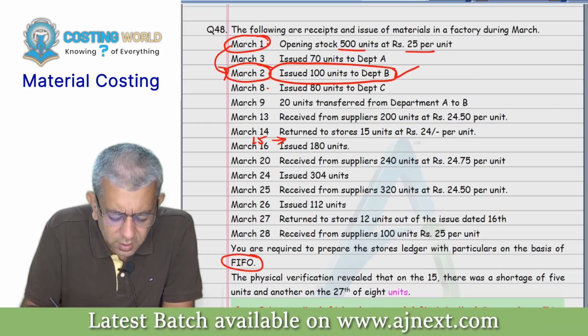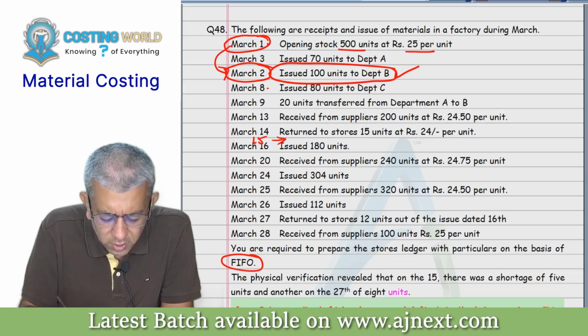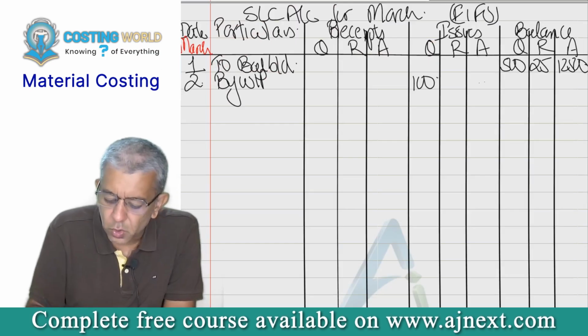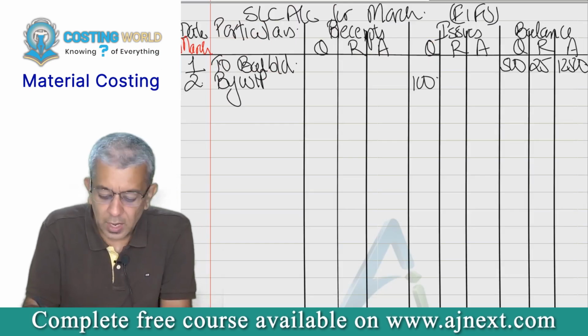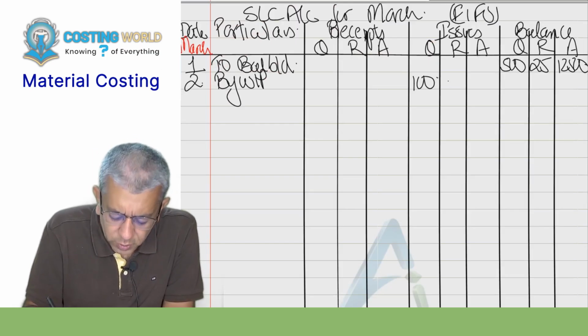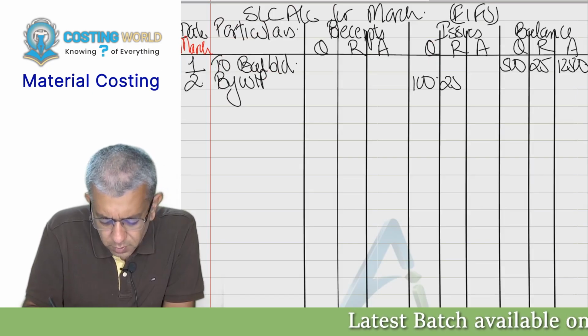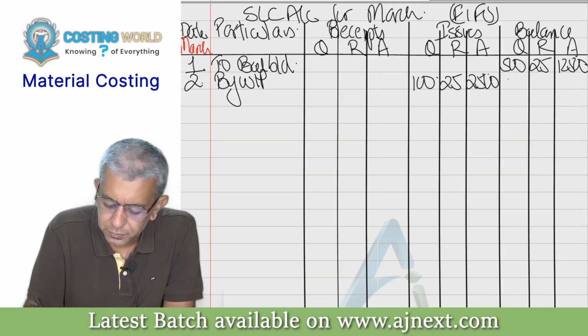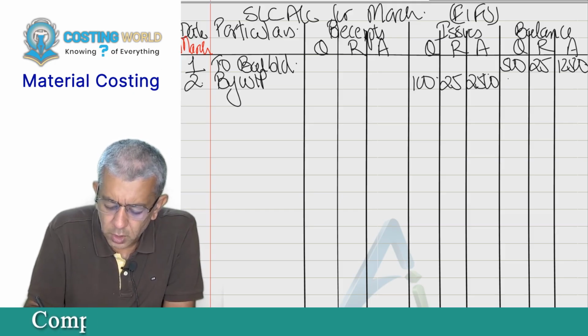Issued, sorry. So issued 100 units. 100 units will be at the rate of 25, no? What will be the balance?